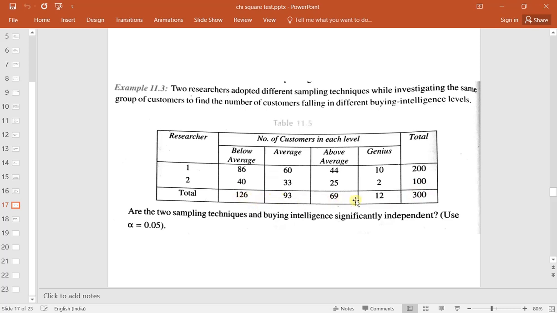And this is how the category totals span out, and this is the total sample each researcher has taken. So this is the data in the table, which is the first step in solving a problem, that is, understanding the problem itself. If you are not understanding the problem, you cannot solve this problem. That is what I always keep telling.